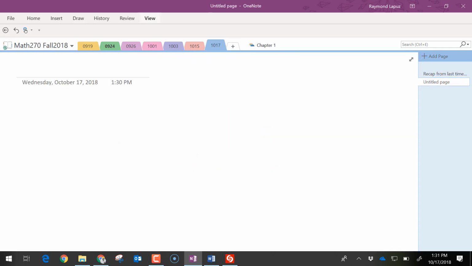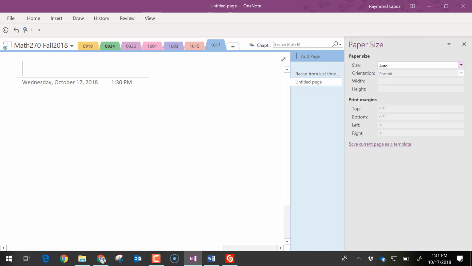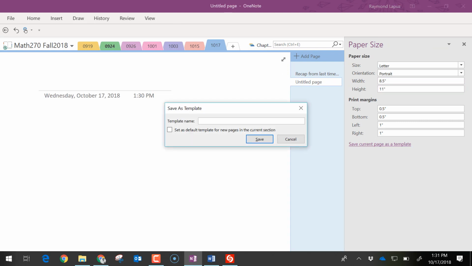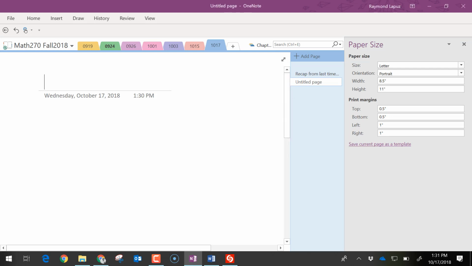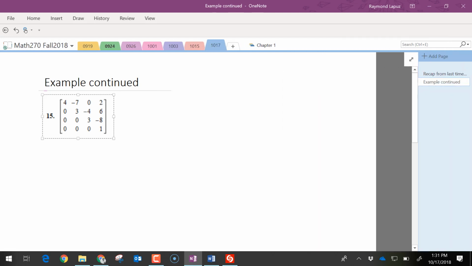Oh, this is where we're going to set up the page. So we have 2 other eigenvalues.